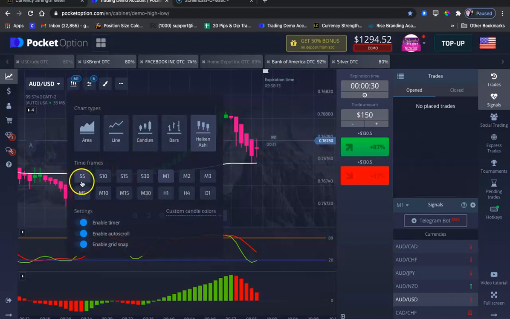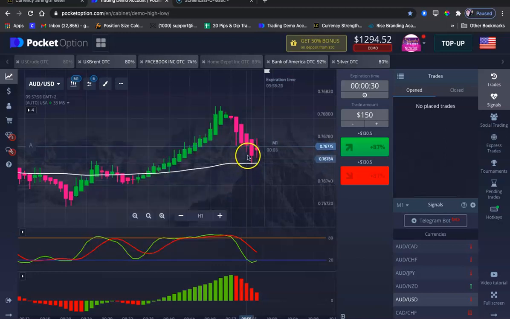I could do 5 seconds, 10 seconds, 15, 30 seconds, or minutes, up to 30 minutes, or 1 hour, 4 hour, or 1 day candlestick. That means it takes 1 hour, 1 day, 1 minute, 30 seconds, whatever time frame I pick to form each candle.